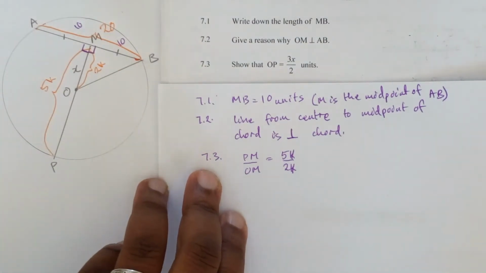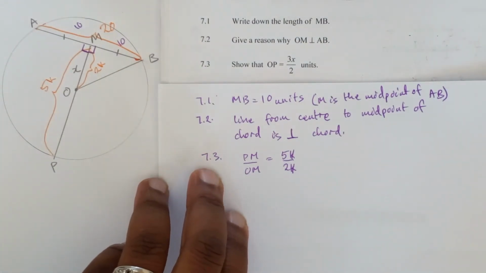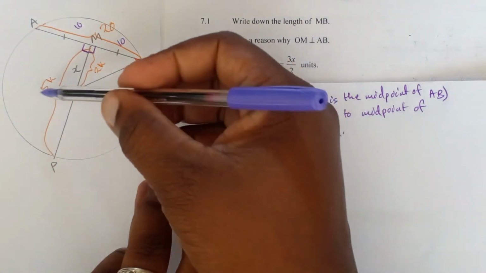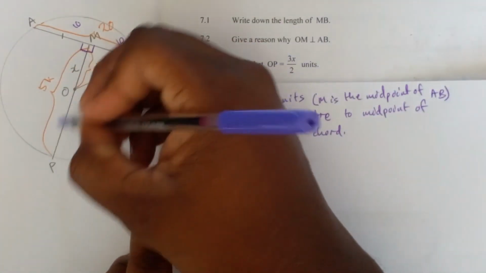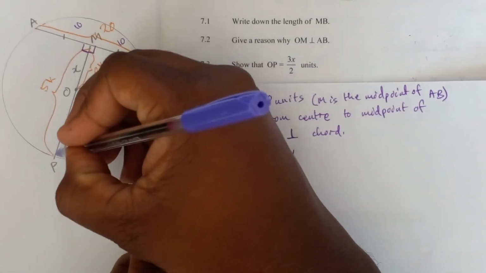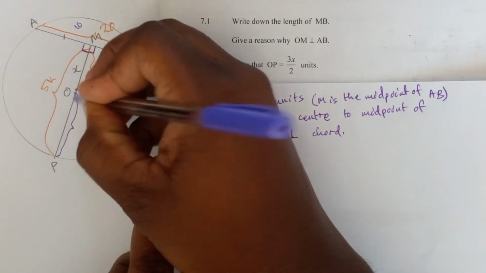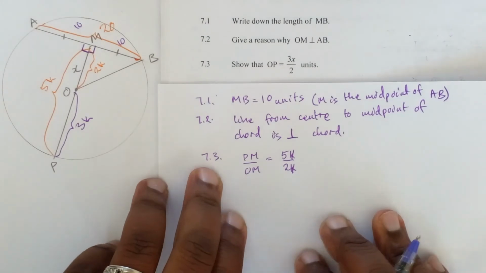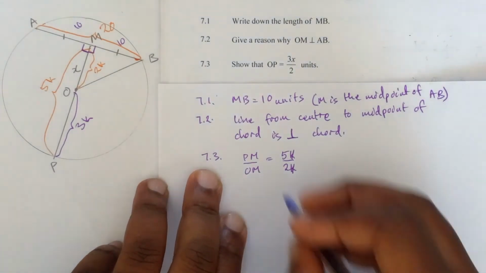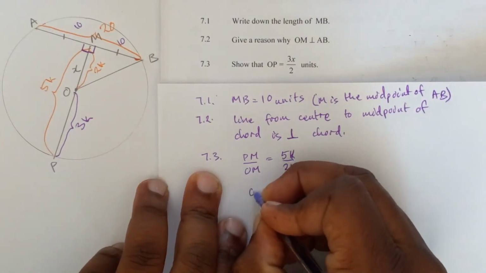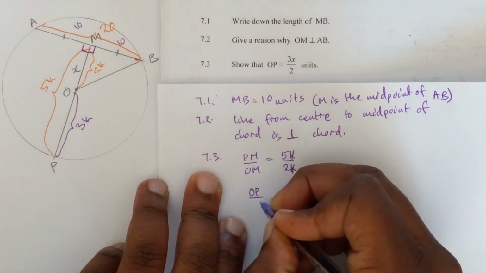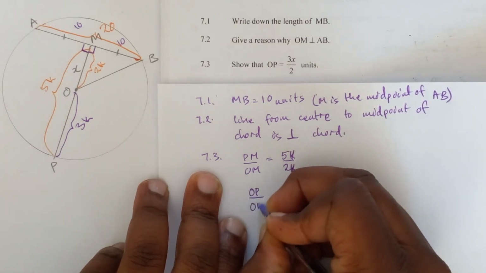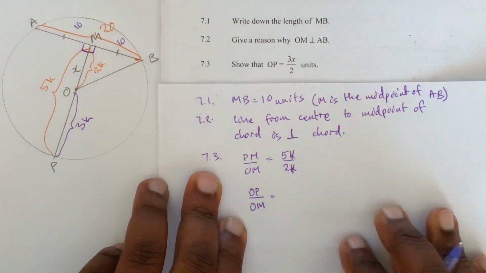Now what are they asking for? If this is 5k to 2k, to get 5k, it's 2k plus another 3k. So now what do we know? Well, we also know that the ratio of OP to OM is going to be what?